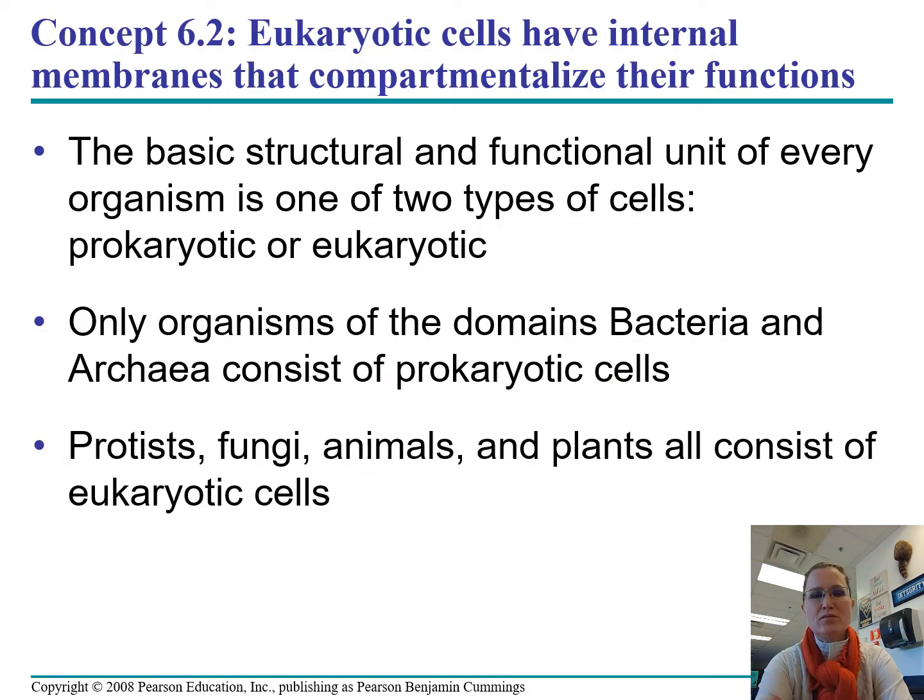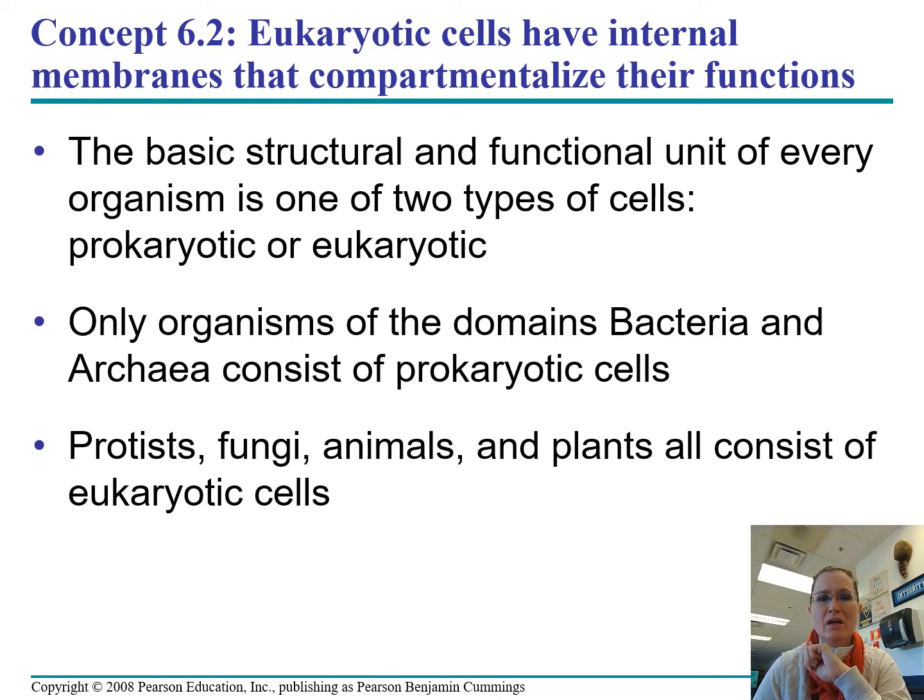Alrighty, so there are two types of cells, prokaryotes and eukaryotes. And then there are big groupings called domains, and there are three big groups: bacteria, which is what you think of as bacteria that make you sick and stuff like that; archaea, which sometimes is referred to as archaebacteria, a group of prokaryotes, a group of single-celled organisms that also share characteristics of eukaryotes; and then the third one is eukaryotes.